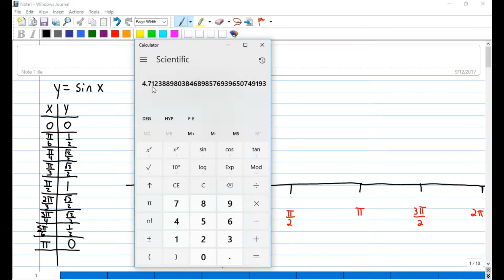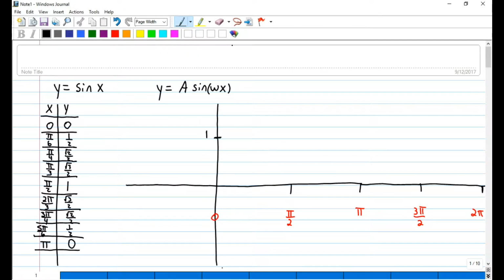And then 2 pi, that's just 2 times pi, delicious pi. That's about 6.28. All right. So we want to keep that in mind when we're graphing this so that it makes as much sense as possible. We have points that we're labeling that have decimals there, but they're still real numbers.